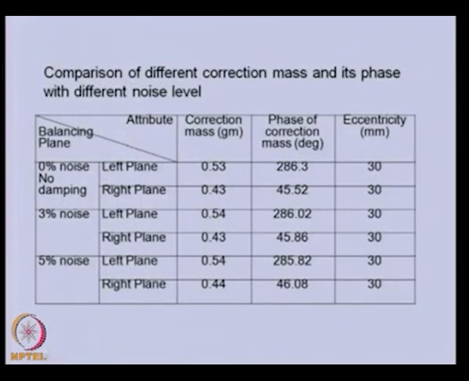Then we estimated for all these cases the correction mass in the left plane, not only the magnitude but also the phase. Eccentricity is the same for all. So this is the estimation for zero noise. When we add the noise, slight changes in the estimations are there, but not much.